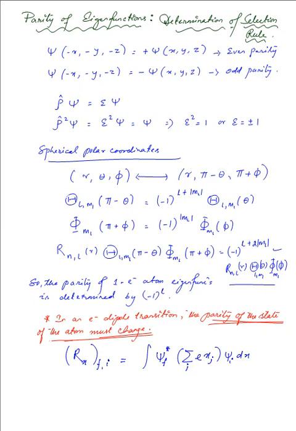So these psi f and psi i are the final and the initial states of the electron, or of the configuration, you can say.